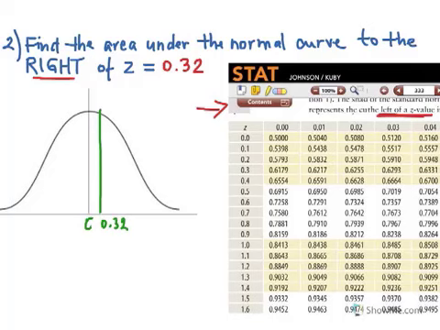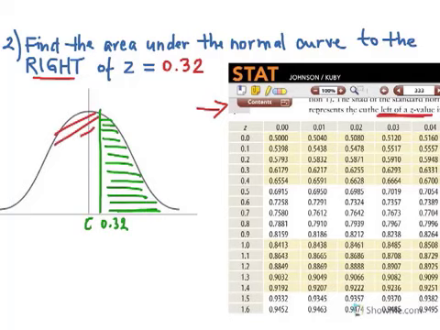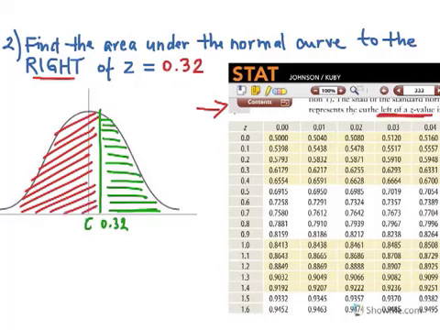Now we want the area to the right. Since we can't find that directly in the table, all we need to do is find the area to the left, because that's given in the table, and subtract that area from 1.